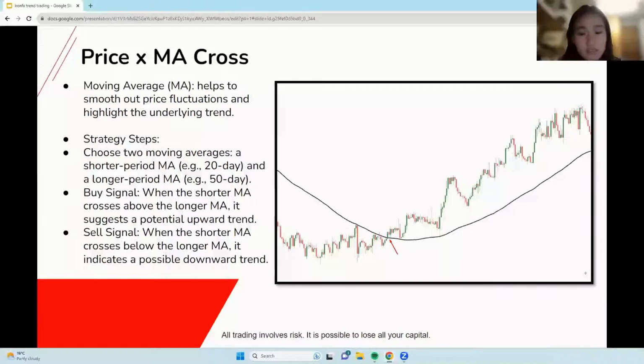The buy signal occurs when the shorter moving average, so in our case, the 20-day, crosses above the longer moving average, suggesting an upward trend. So in that case, we would then consider buying. For a sell signal, when the shorter MA crosses below the longer MA, then it indicates a possible downward trend, and then we will consider selling.